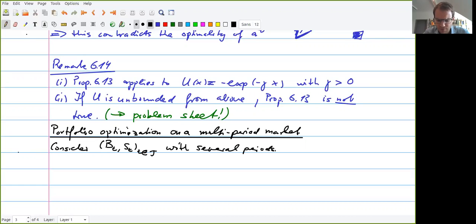And what we want to assume, this is the new assumption, in order to be able to solve the global optimization problem by considering the local optimization problems in one period, we need to have some independence of the path, which can be done by assuming that the underlying price process is a Markov process, as you might have heard or seen already.